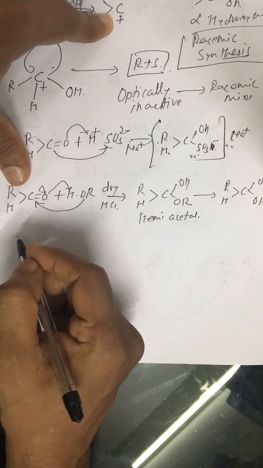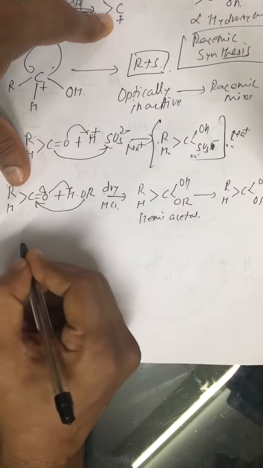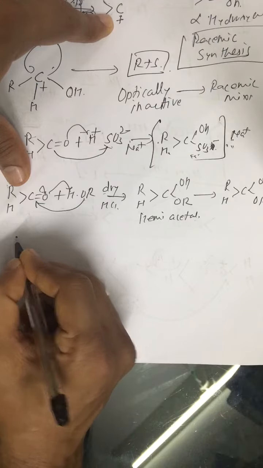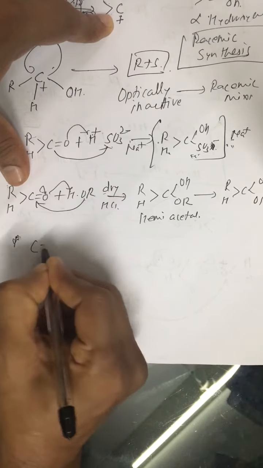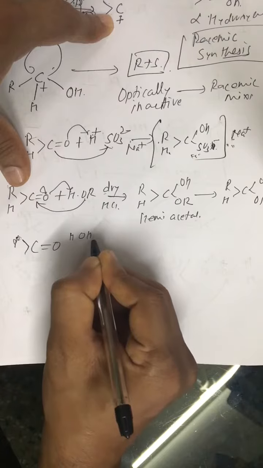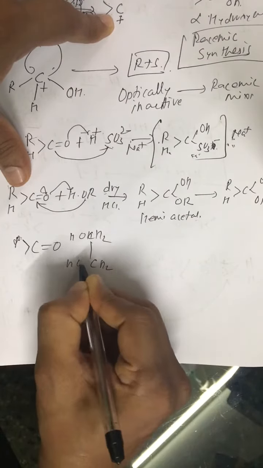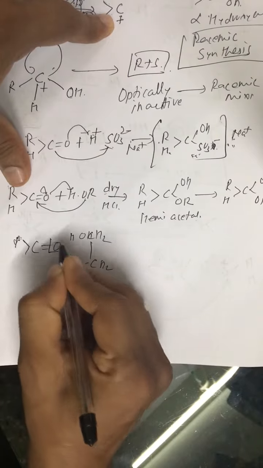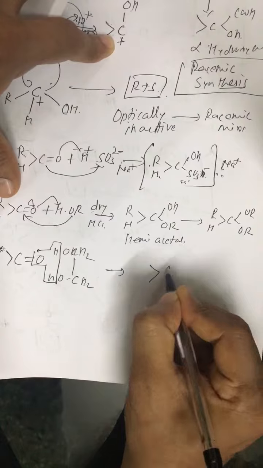Ketones do not react with alcohol to give ketals directly, but aldehydes and ketones both react with glycol to give cyclic acetal and cyclic ketal.